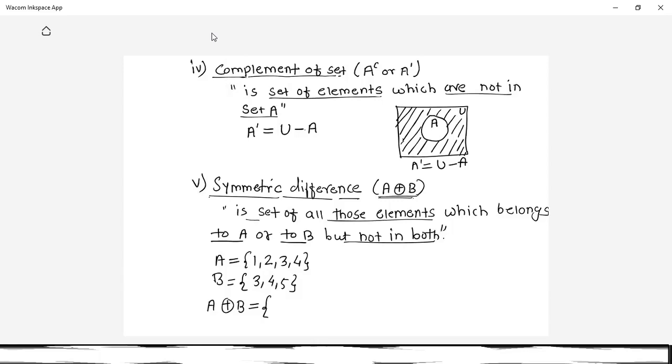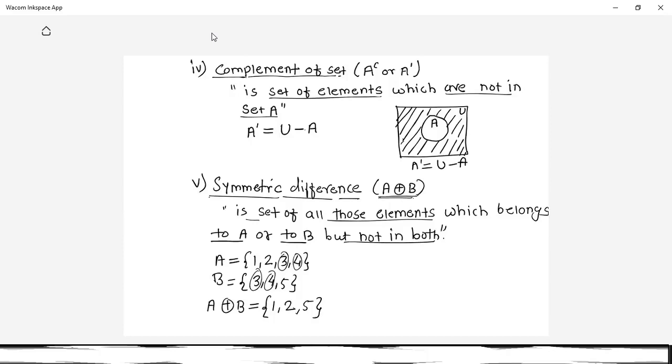Which are common elements between set A and set B? 3 and 4. So 3, 4 belong to set A and also to set B. So we'll exclude 3, 4 and write the rest in the symmetric difference. 1 and 2 are the elements of set A and 5 is the element of set B. So A symmetric difference B contains 1, 2, 5.